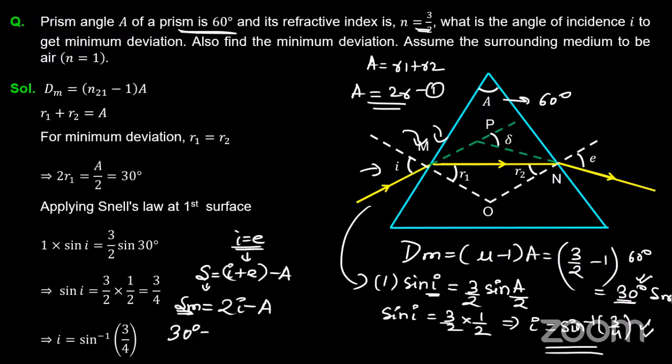A is 60 degree. So you will get the angle from this. So this is also a trick here. Remember it. I hope it's clear. Okay, let us not waste time. Move towards the next.